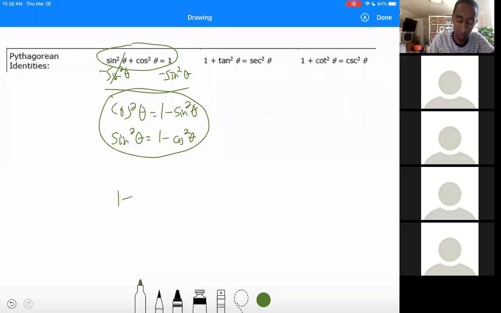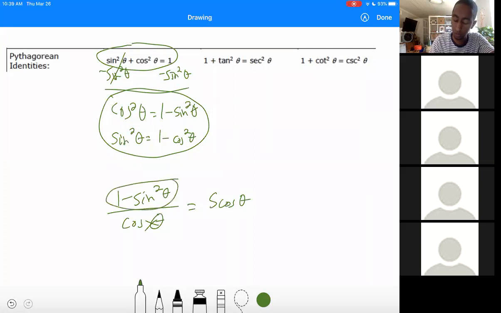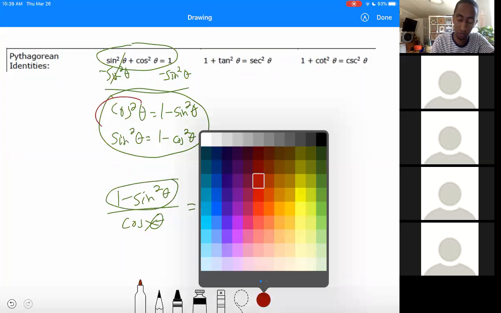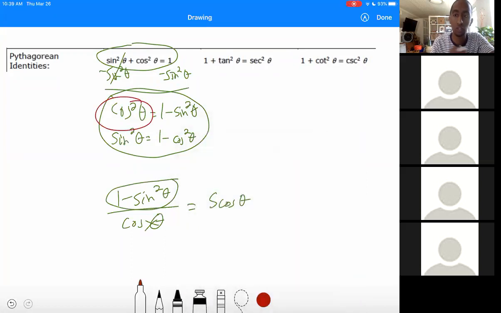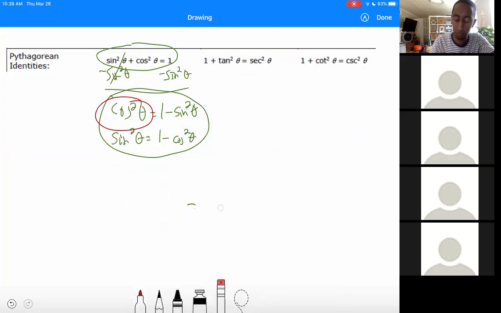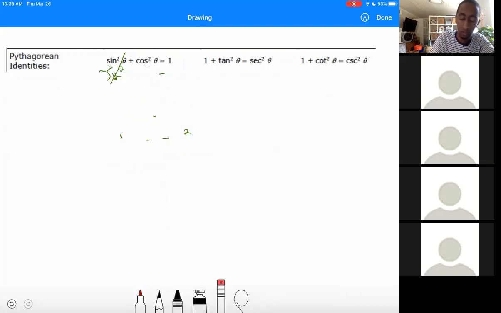Let's say you see this, and you're like, okay, how can I simplify this? What can I do next? You would want to be able to see that you would write this as cosine squared of theta. You see what I'm saying? You want to be able to see that pattern. So I would make sure you have those as well.